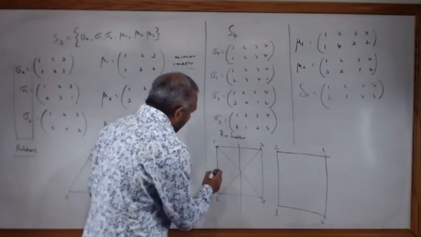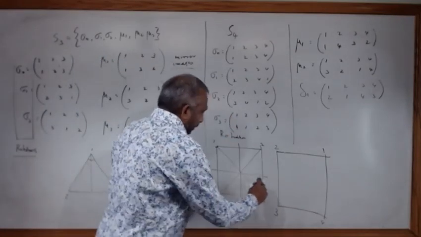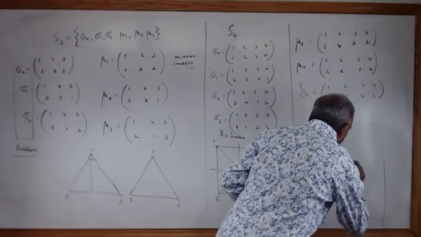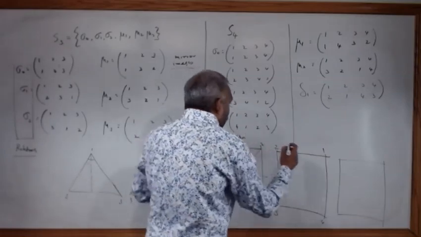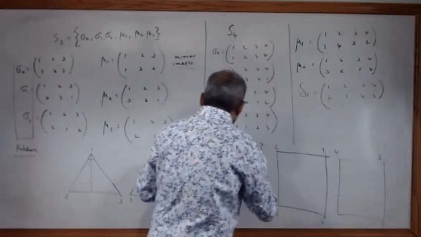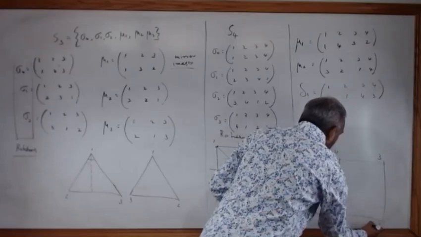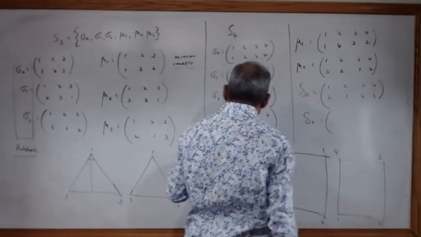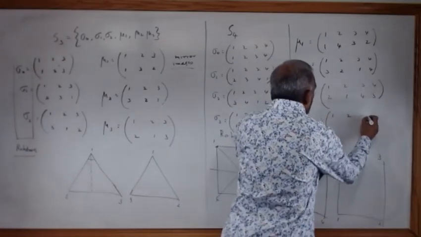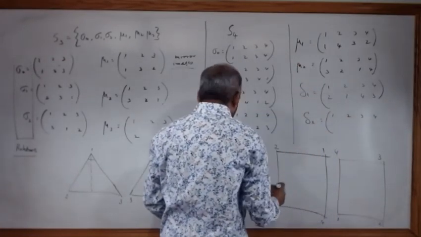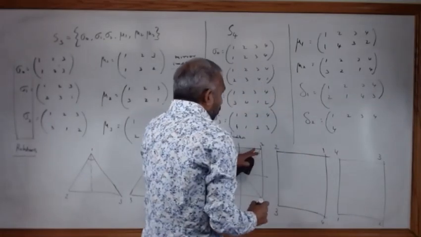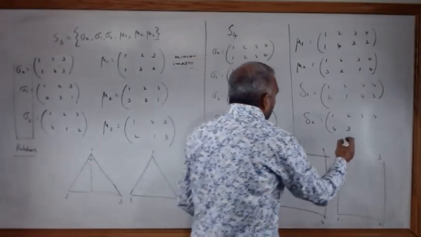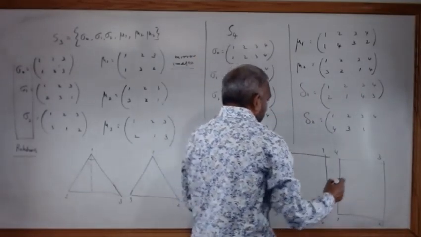And you can have another perpendicular bisector like this and take the image on top, flip vertically, then this will become 4, 3 and this will become 1, 2. So 1 goes to 4, and 2 goes to 3, and 4 goes to 1.